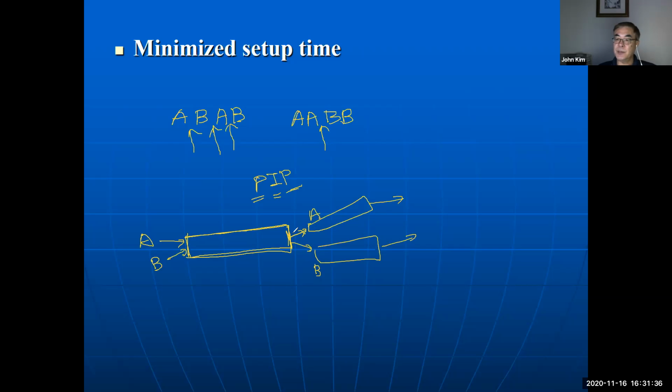So we call this PIP, production in production, or process in process. Then we can reduce setup time. So there are many ways to reduce setup time. Use whatever, then reduce setup time. Then they can eliminate unnecessary time, and then reduce total time.